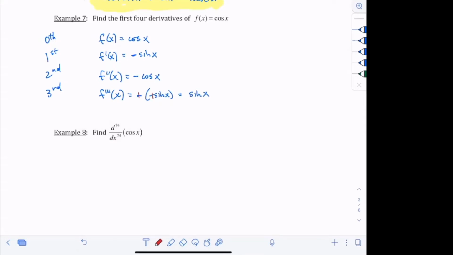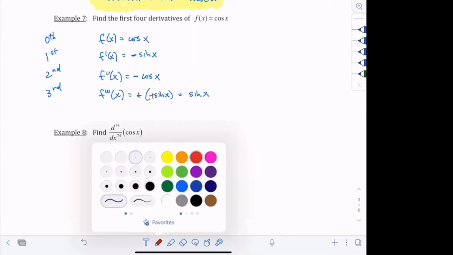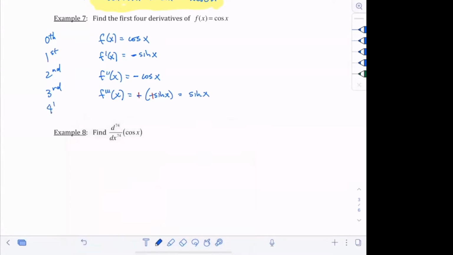Does that make sense? And then let's calculate the fourth derivative. If I took the fourth derivative, remember we write the fourth derivative as an f with a 4 in parentheses up there. That means take the derivative 4 times. The derivative of sine is its cousin cosine of x.